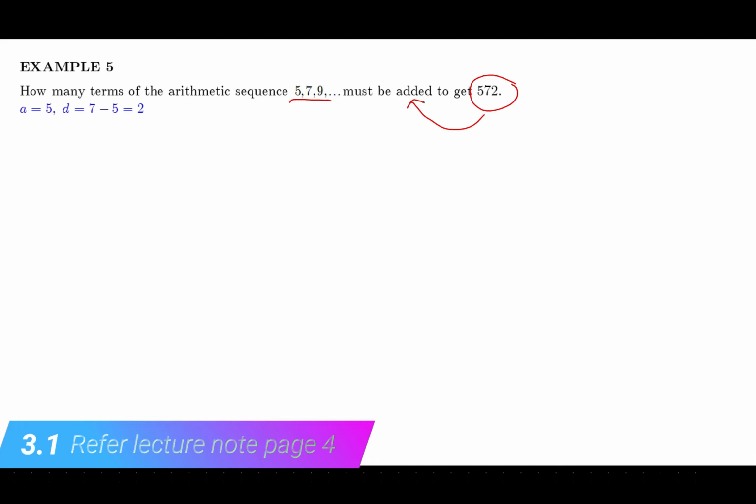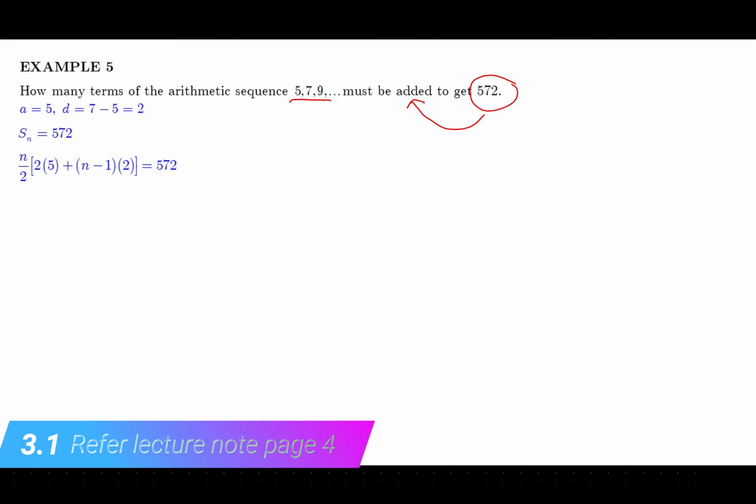So that is what we're going to find in this example. So first we will write down Sn equals 572. So by using the formula for the partial sums of an AS, we substitute our A and D into the formula and equate it to 572.